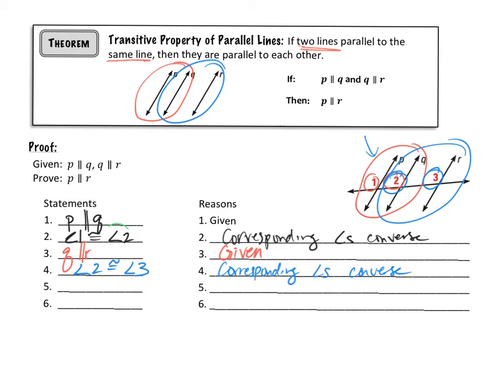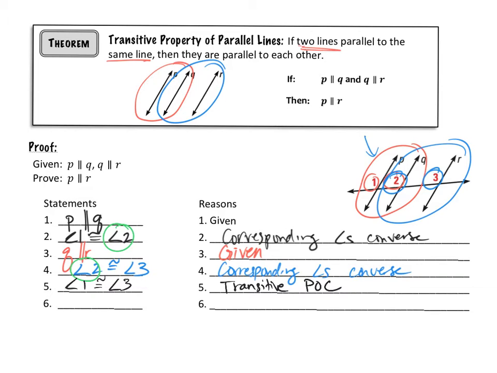And now I have angle 2 congruent to both angle 1 and angle 3. So I can say that angle 1 is congruent to angle 3 by the transitive property of congruence.